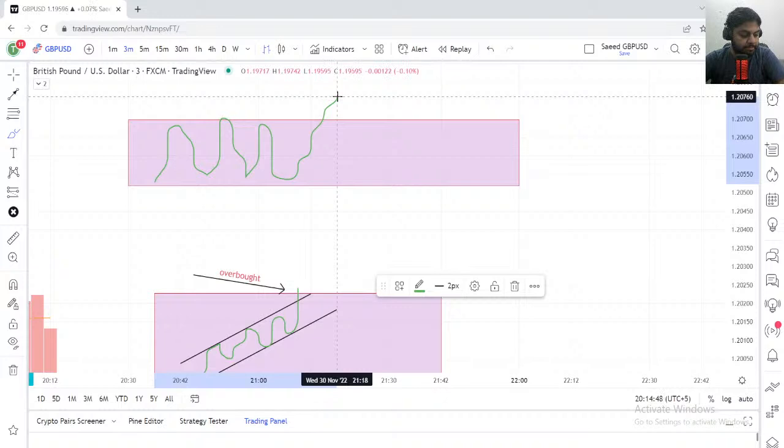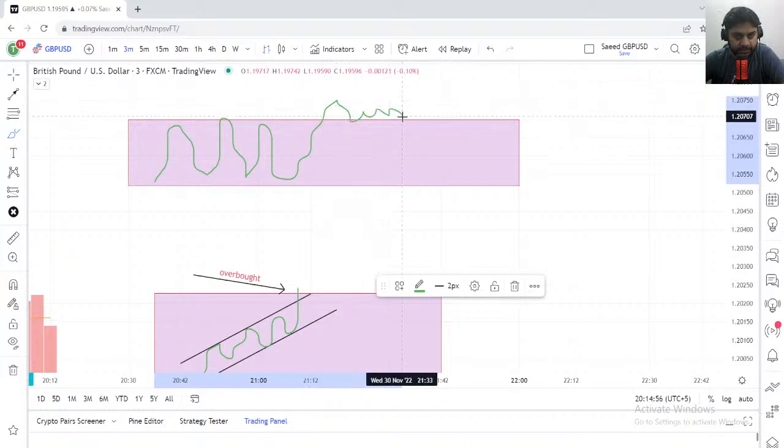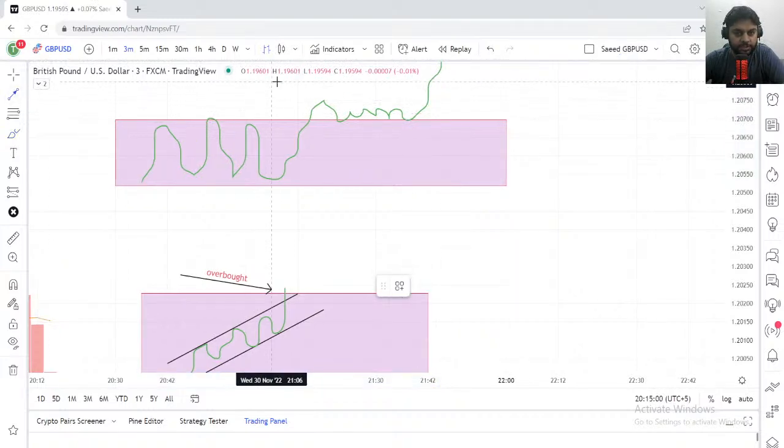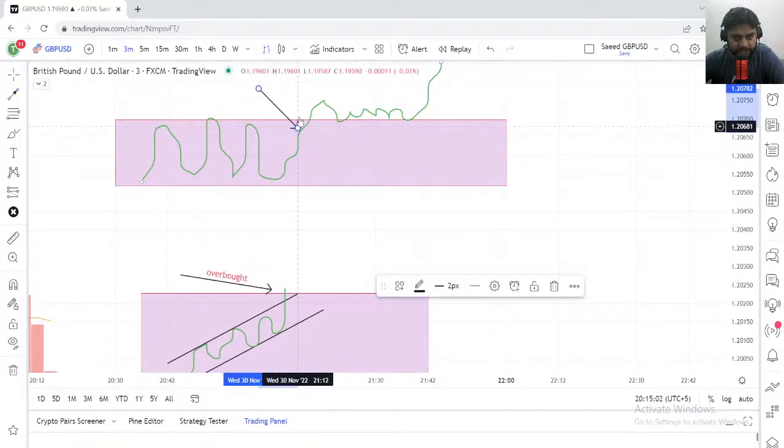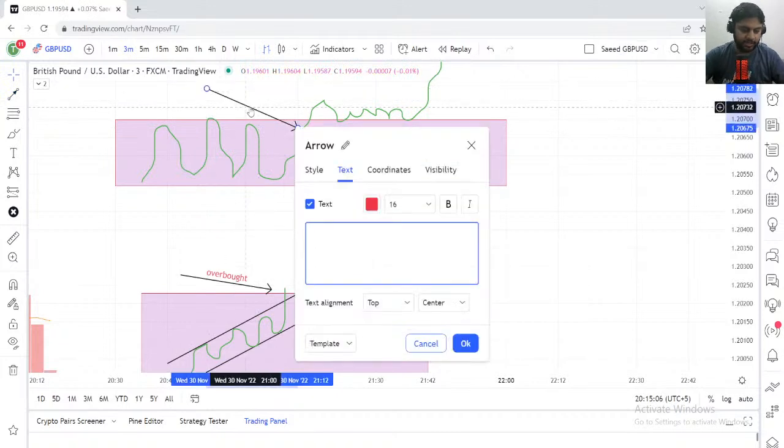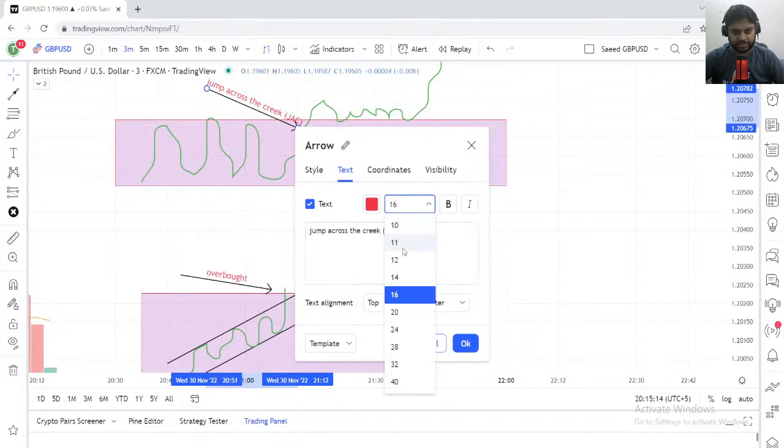This is called jump across the creek, JAC for short.